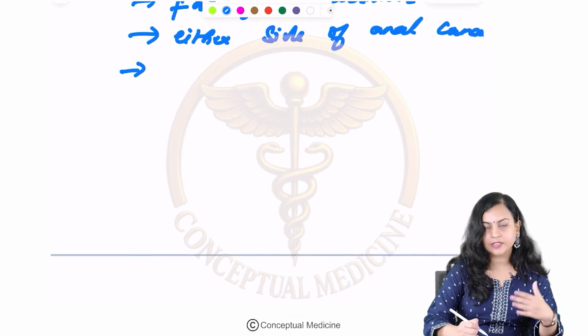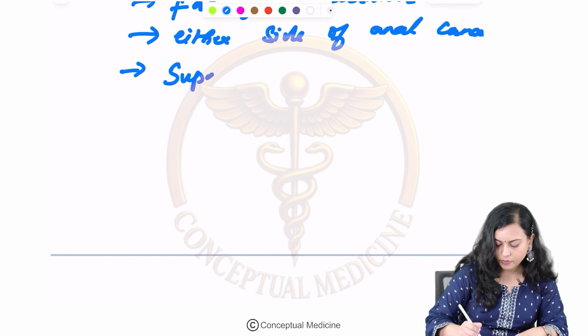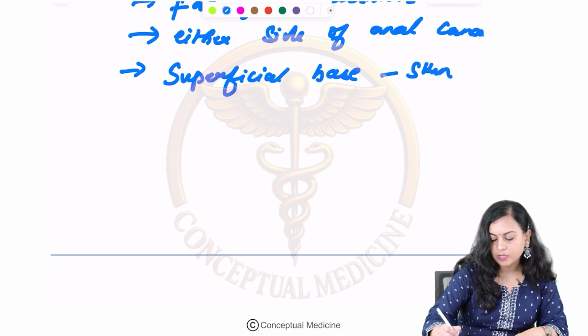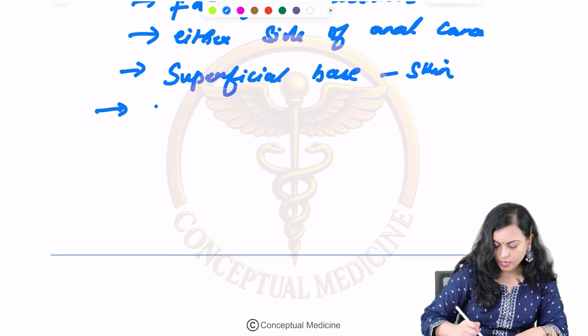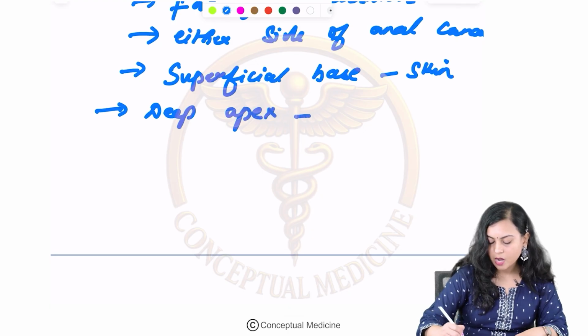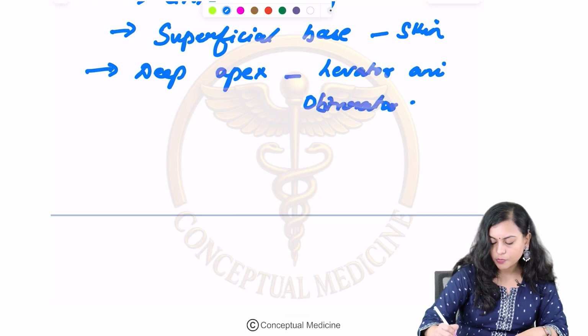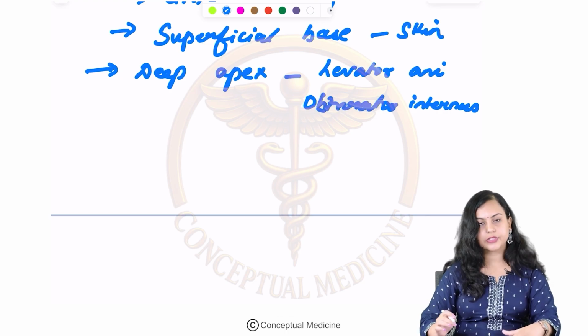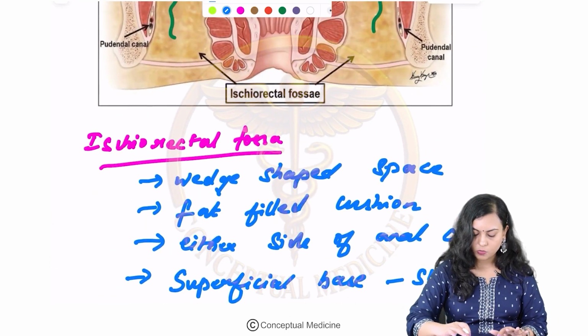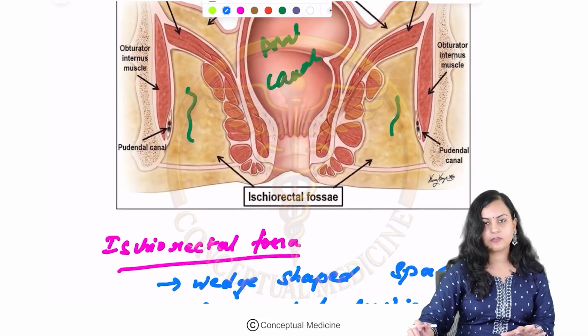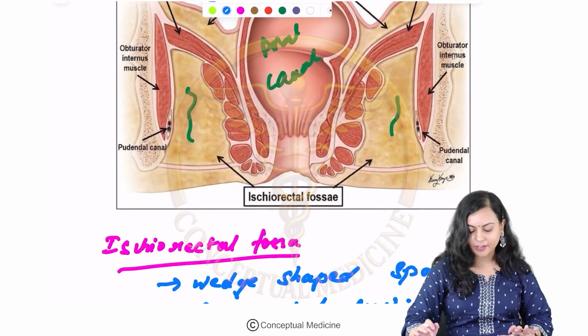So basically it is wedge-shaped, and you have the superficial base formed by the skin and the deep apex formed by the meeting point of two muscles, namely levator ani and obturator internus.